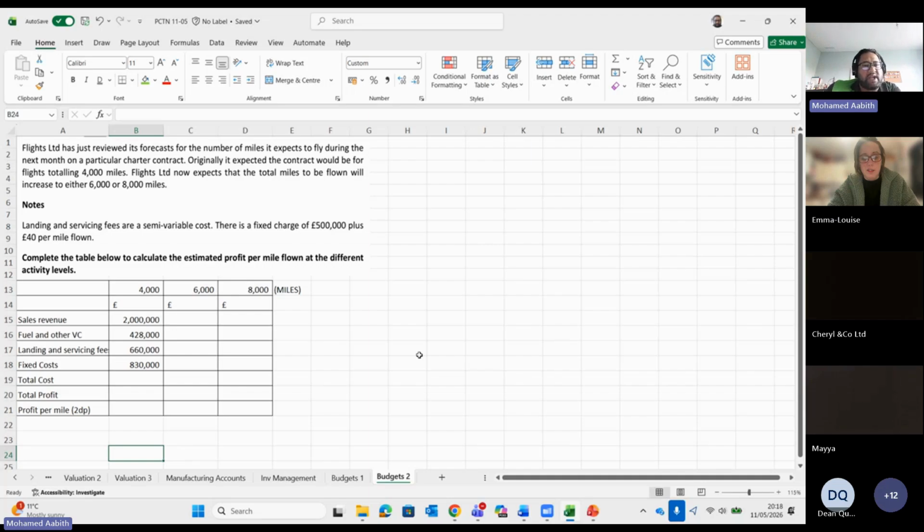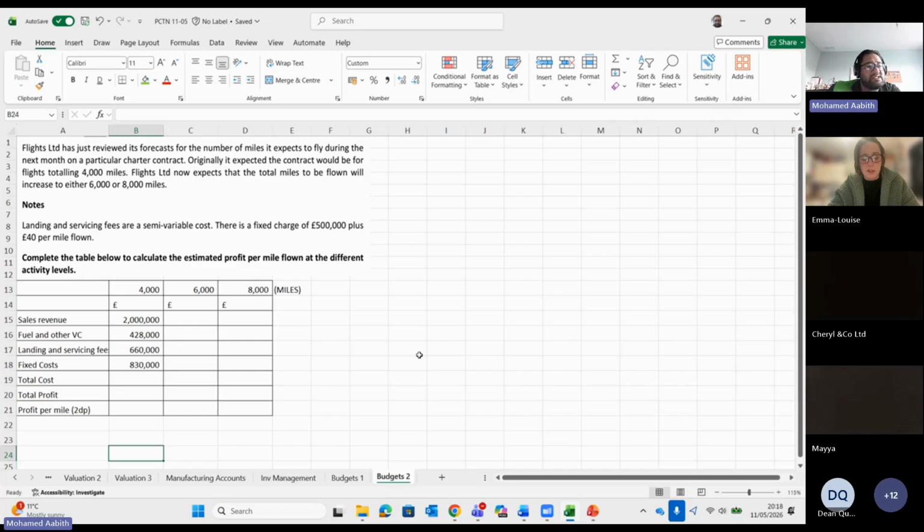Originally, it expected the contract would be for flights totaling 4,000 miles. Flights Limited now expects that the total miles flown will increase to either 6,000 or 8,000 miles.